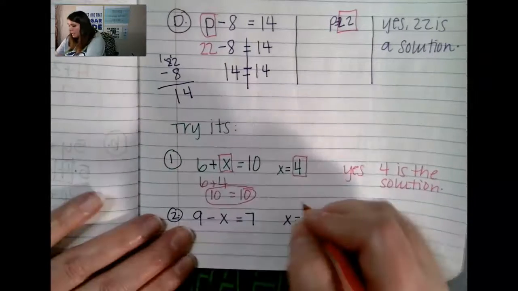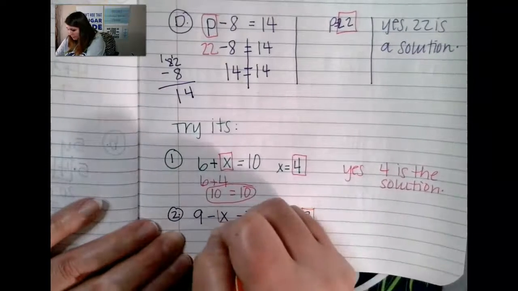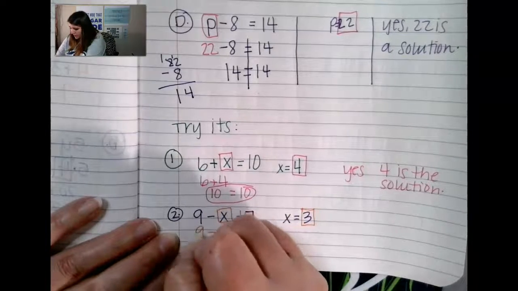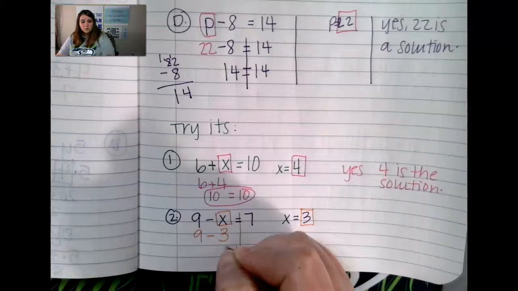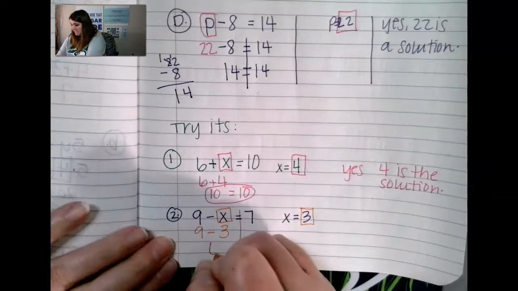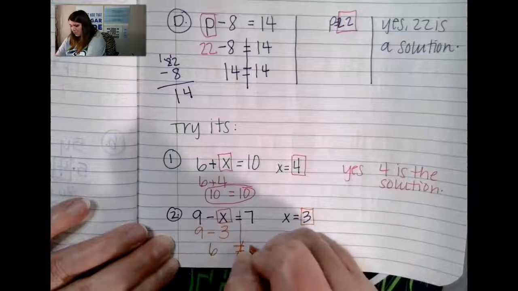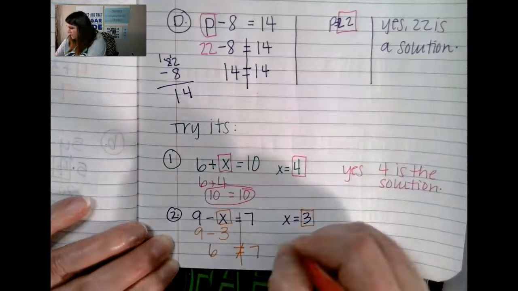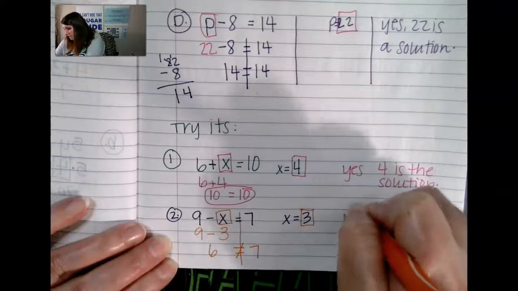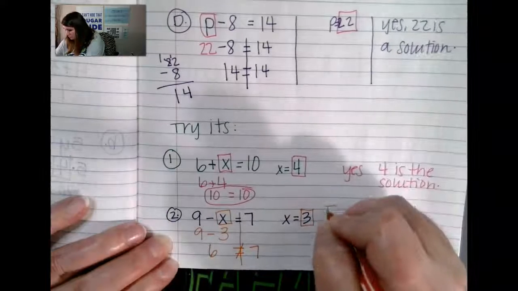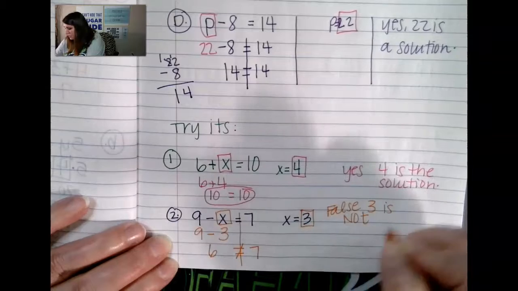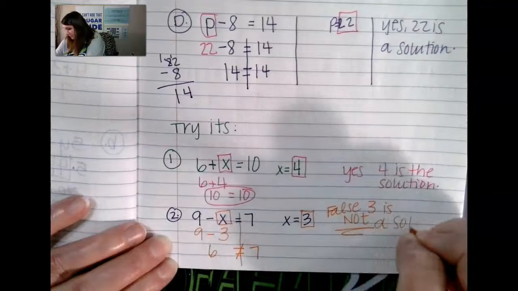So where I see my x, I'm going to put a 3. And I'm going to check. 9 minus 3. No, that's 6. 6 is not equal to 7. So this is not a solution. So false. 3 is not a solution.